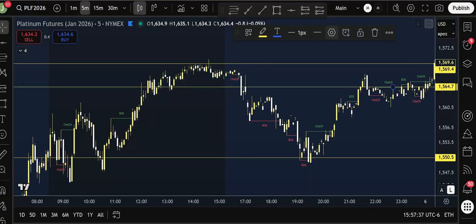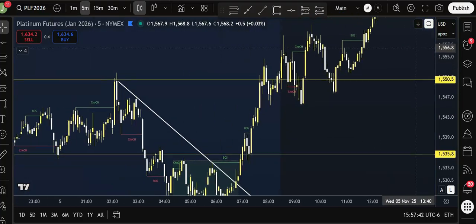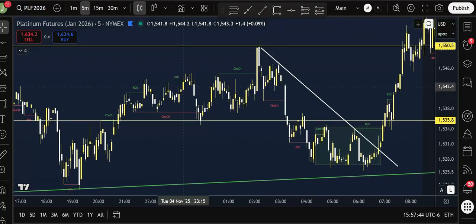The only problem with that example is sometimes your consolidation area may look good and may cover 10, 15 points.